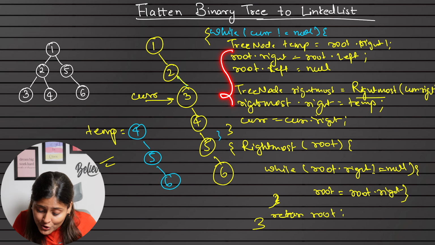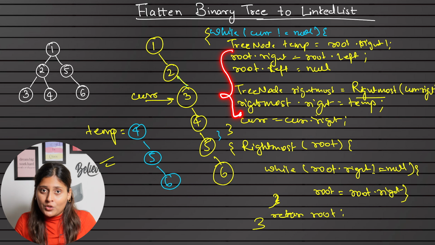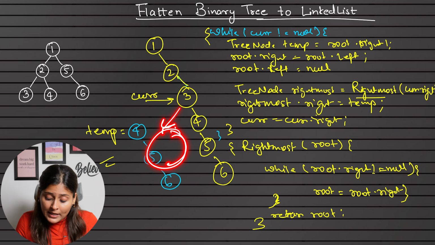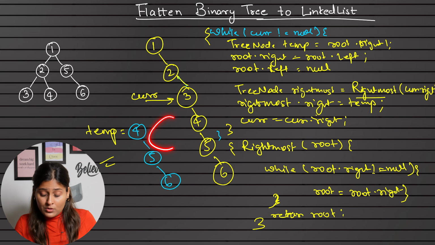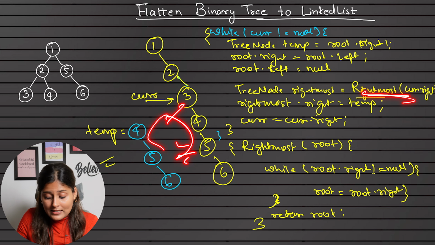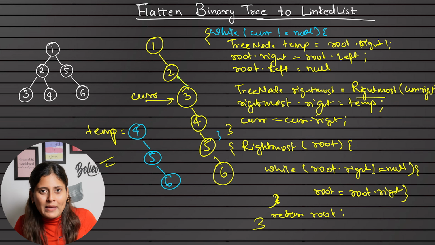So don't you think we should do this much operation only if left is not null? Because if left is already null, how does it make sense to bring everything which is there in the left side, make the left null, and then bring the left side's rightmost child? It does not make sense, right?